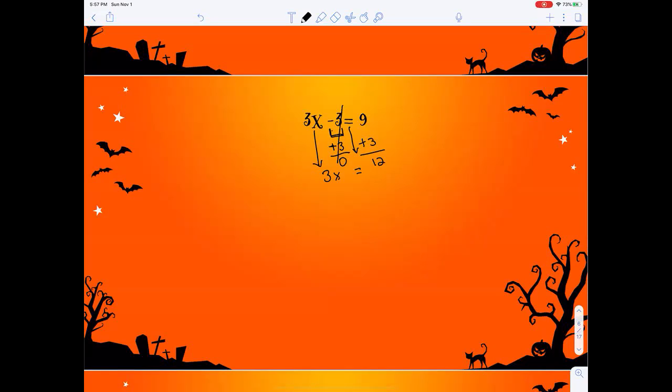So if I have 3x, or 3 times x, then I want to divide by the 3. And we do that on both sides. Remember, everything we do on one side, we do to the other. So then we're left with, again, x equals 12 divided by 3 is 4. Same thing.